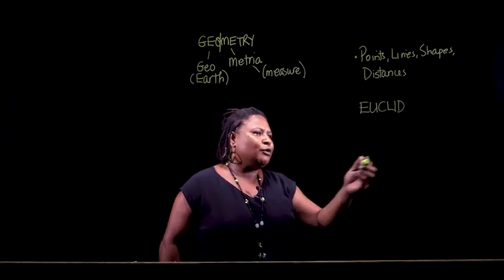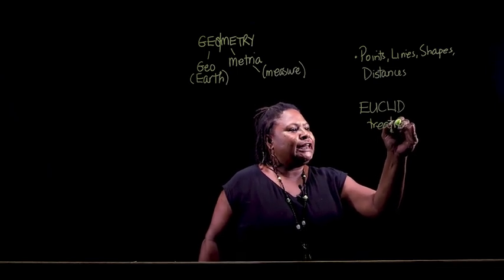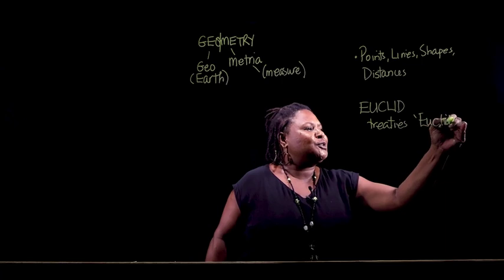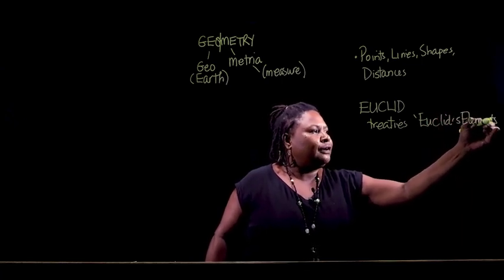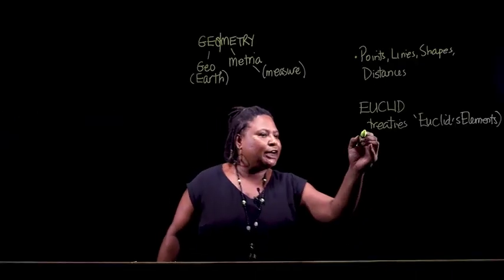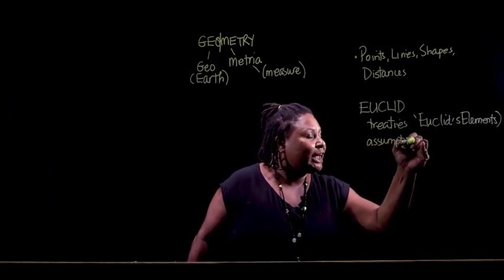He wrote a treatise that is today translated as Euclid's Elements: 13 volumes of assumptions. We call those assumptions axioms.